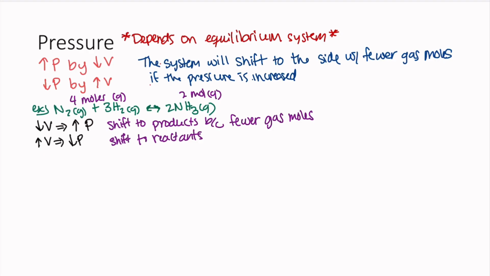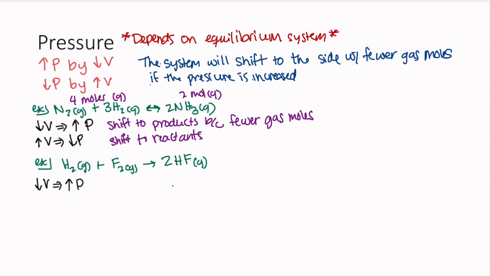Let's look at another example. If we look at the formation of hydrogen fluoride gas from hydrogen and fluorine, in this example, if we decrease the volume, it means we are increasing the pressure.